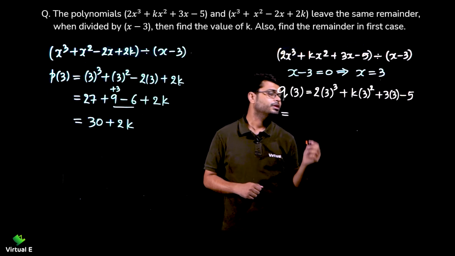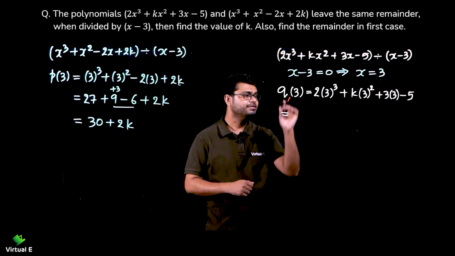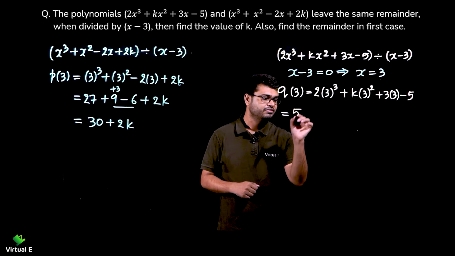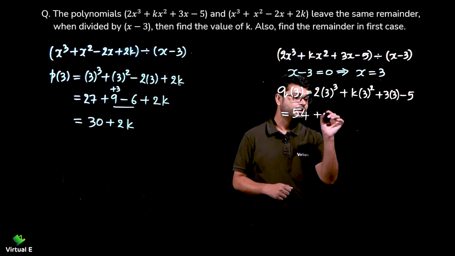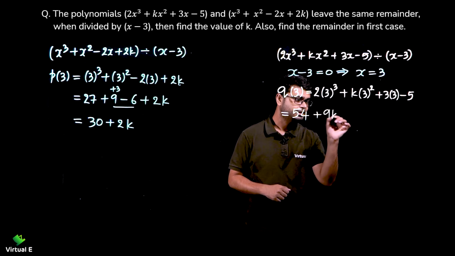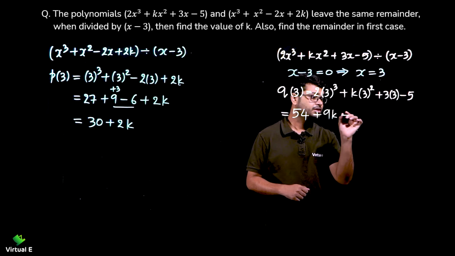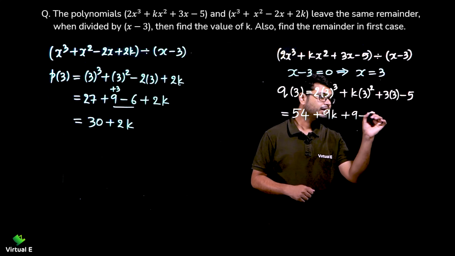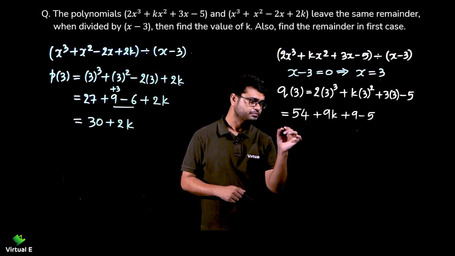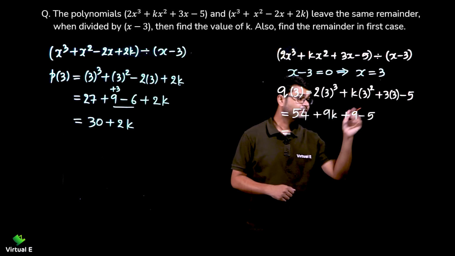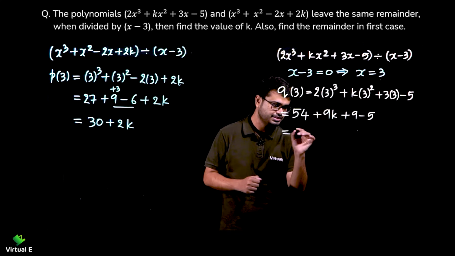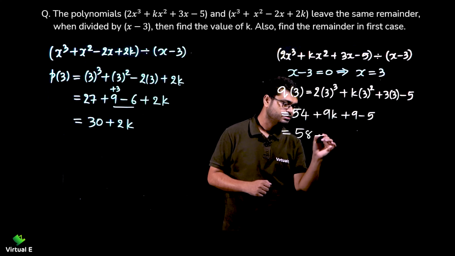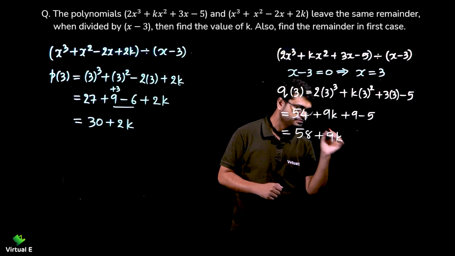Here 2 into 3 cubed, that's 27 into 2, that's 54. Here we can write 3 squared, that is 9, and k here, plus 9 as well, minus 5. So 9 minus 5 is 4. 54 plus 4, that's 58, plus 9k.